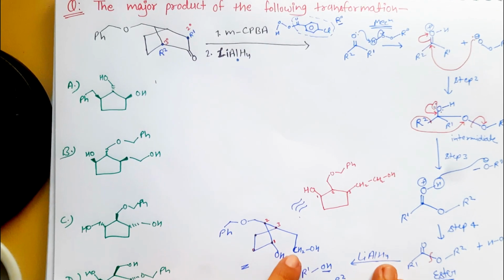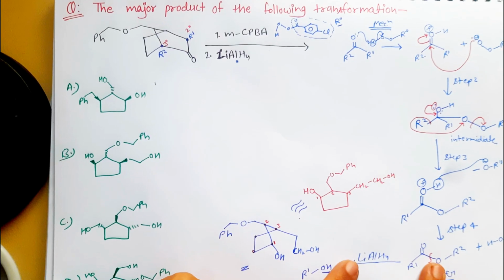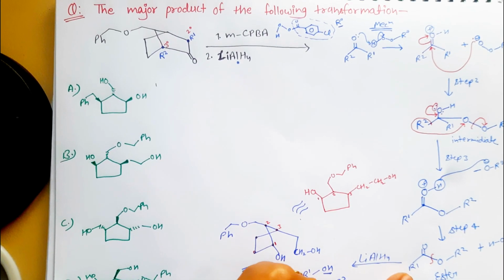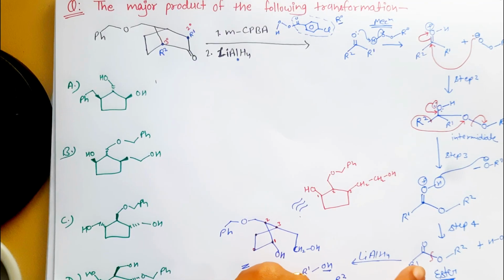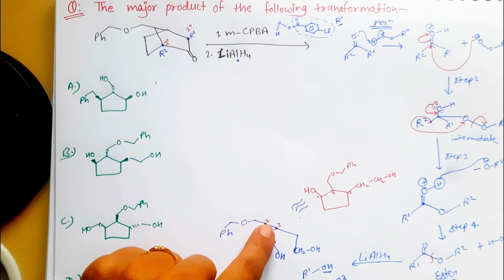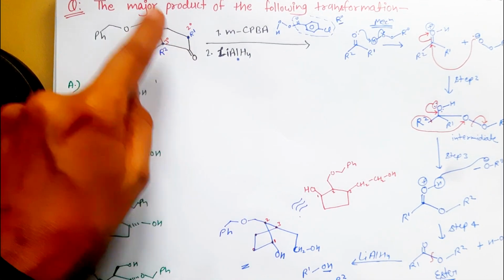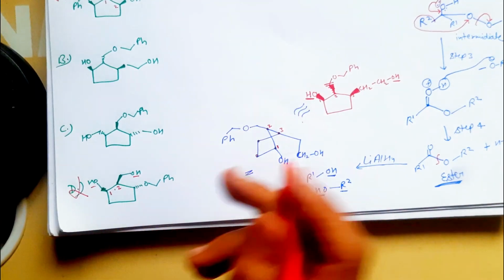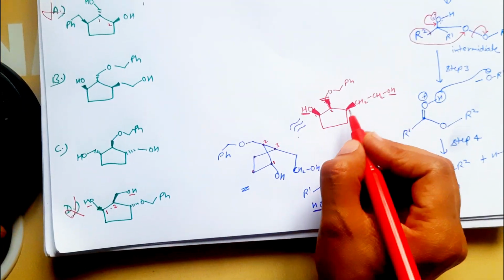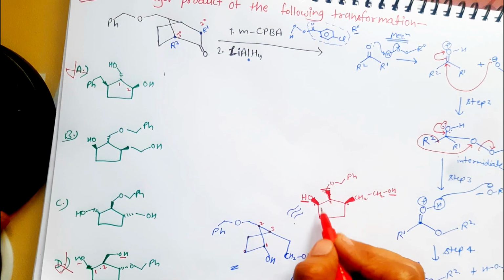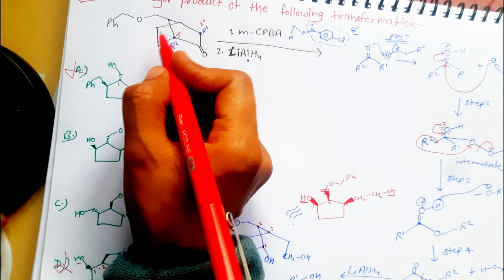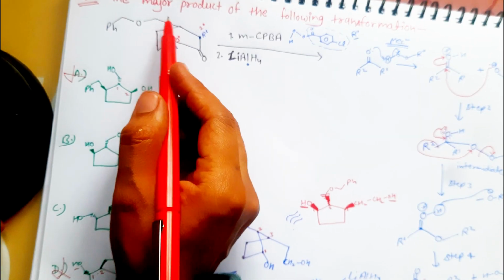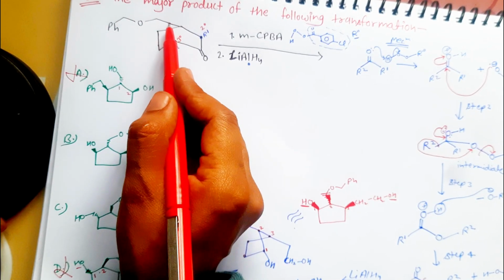When lithium aluminum hydride reacts with ester, stereochemistry plays an important role. In this kind of compound, this bridgehead position is in the upward direction. When we check the stereochemistry of our product, we saw this group present on a bridgehead position.